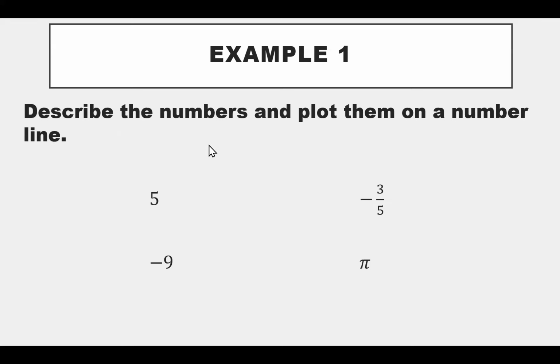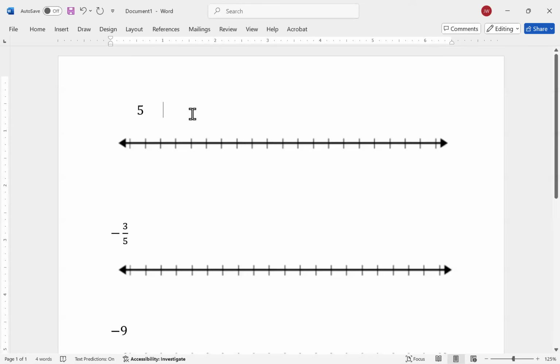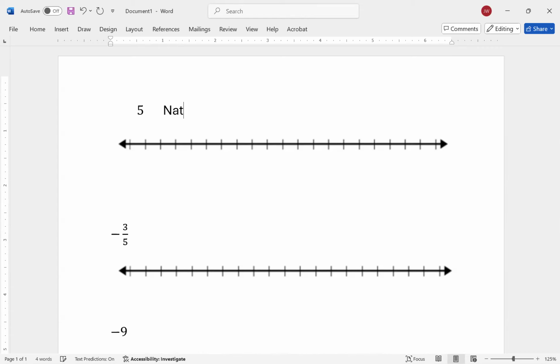So let's describe some of these numbers and then plot them on a number line. So let's start with the number 5. Here we have 5. That is a natural number or a counting number. It is also a whole number. It is also an integer.